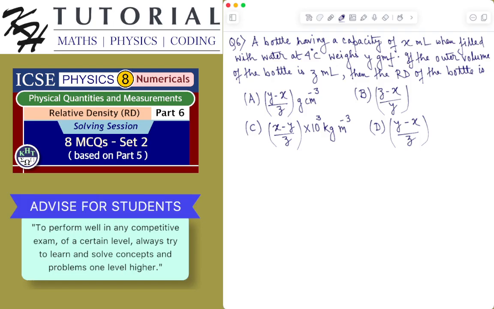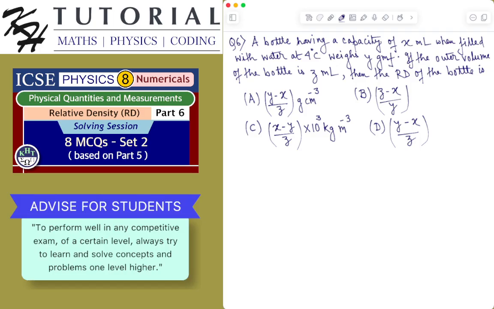The volume of the bottle is given to be x ml, and when it is completely filled with water at 4 degrees centigrade, the bottle plus the water is weighing y gmf, which means that the mass of the bottle and the mass of water having a volume of x ml is y gram. If the outer volume of the bottle is z ml, then the relative density of the bottle, we have to find the relative density of the bottle.